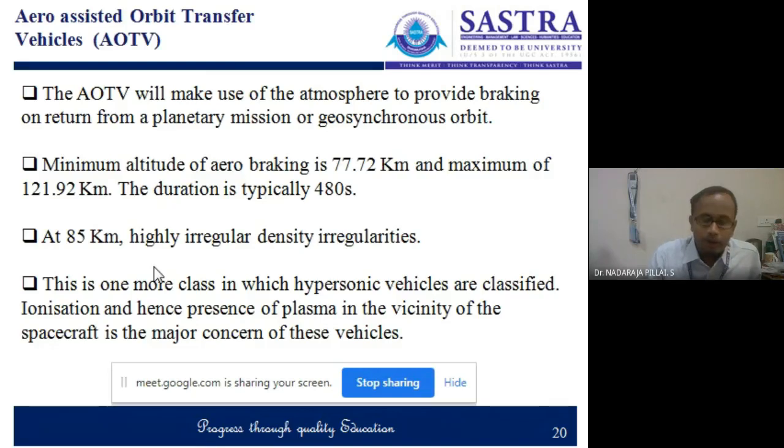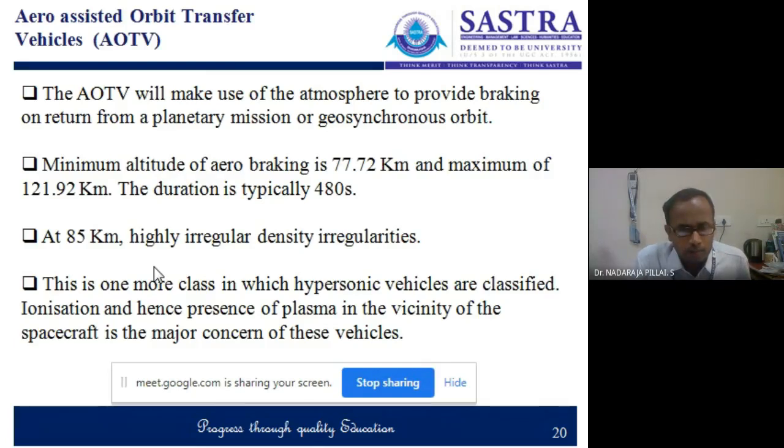And ionization takes place at very high temperature, say at 9000 Kelvin. So after 9000 Kelvin, we can say that the air becomes a plasma, right? Then we need to think about plasma dynamics and the behavior of real gas effects and all those things, right?